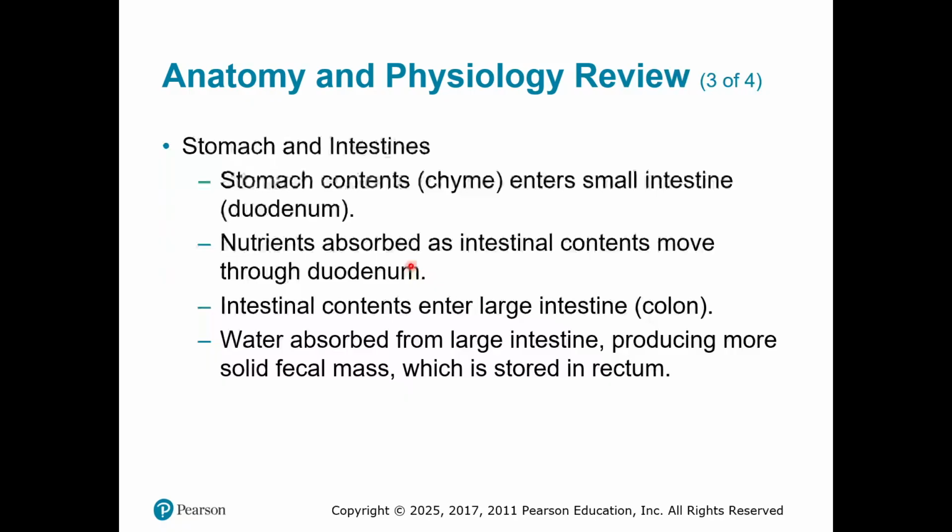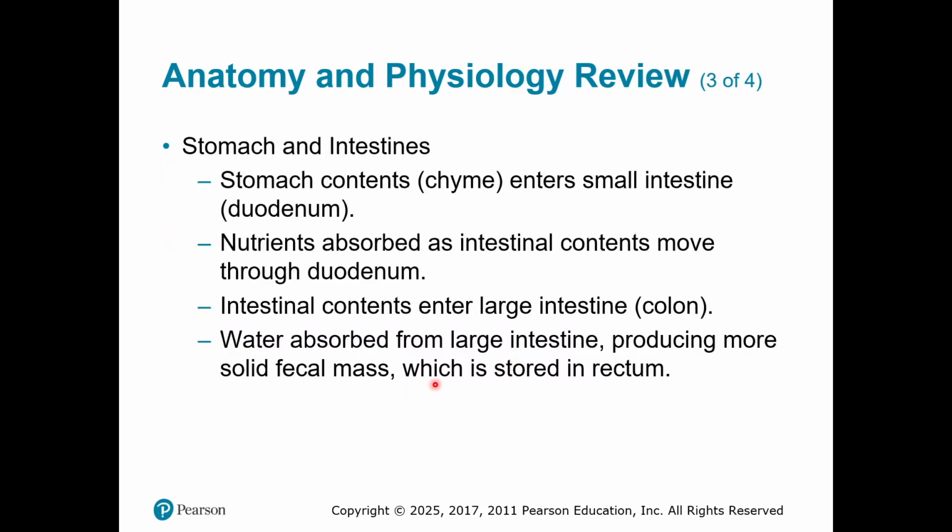So when we talk about the stomach and intestines, the stomach content is known as chyme. It enters the small intestine right there, and that's at the duodenum. The nutrients are absorbed as the intestinal contents move through that duodenum. Intestinal contents enter the large intestine, which is known as the colon.